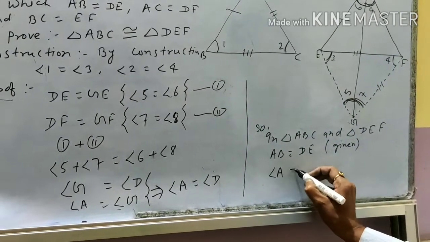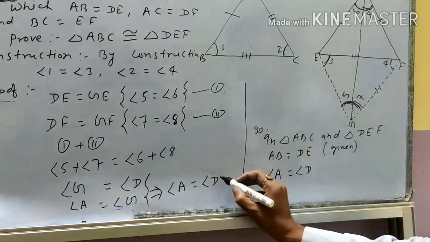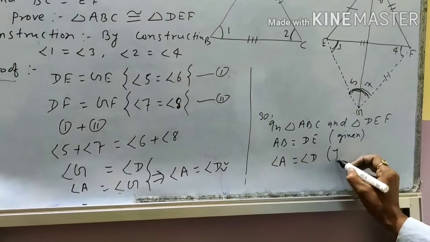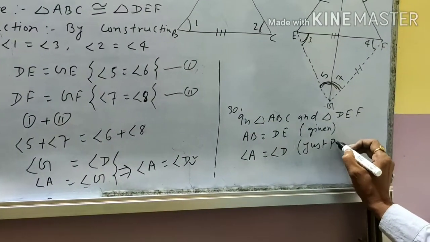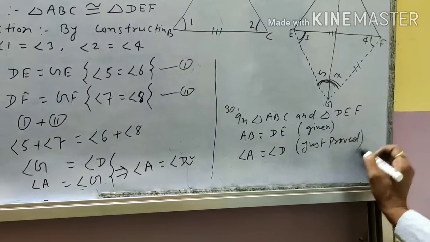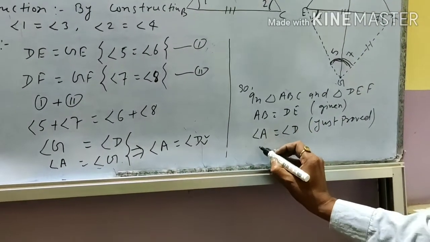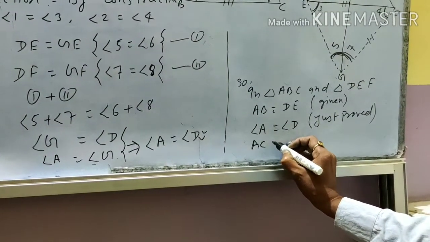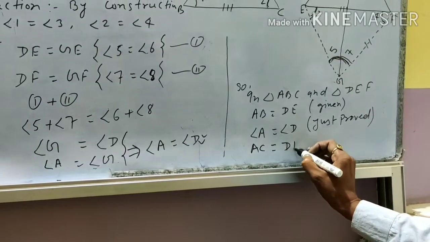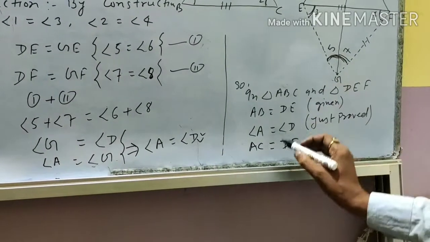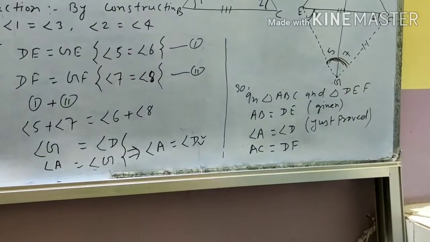Angle A is equal to angle D, just proved. And AC is equal to DF. So we can say here.